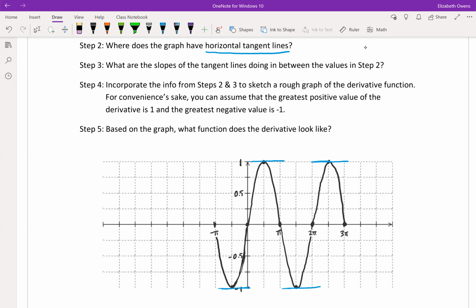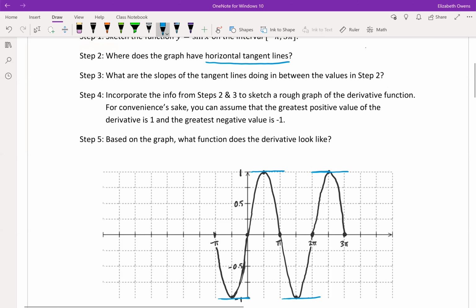To identify the values, we could say that those horizontal tangent lines are occurring right here. That'd be pi over 2. Right here, that's 3 pi over 2.